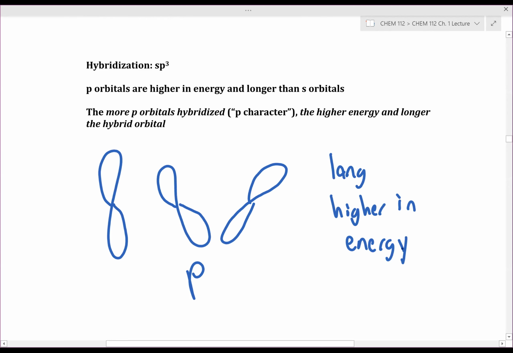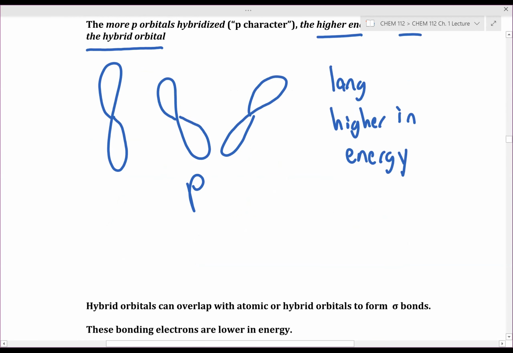So the more p orbitals that you combine in hybridization, the higher in energy and the longer your hybrid orbital will be. So just remember p character, long, high energy. Why? Are p orbitals in general longer than s orbitals? And are they higher in energy? Yeah. So this will really come to a head when we start to look at other hybridizations. So let's take a look at a few other hybridizations.